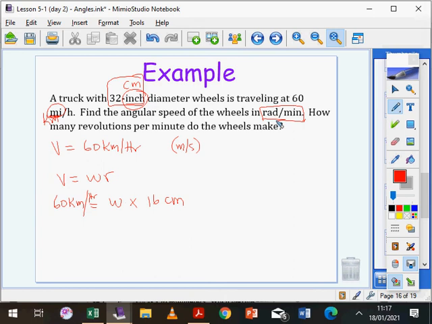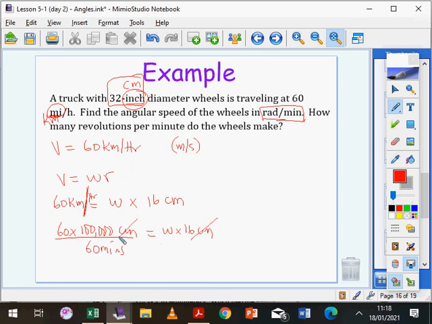So I know 60 kilometers is the same as 60 times 100,000, and that changes it to centimeters. Per hour, 1 hour has 60 minutes, so that's divided by 60 minutes, is equal to omega times 16 centimeters, right? I hope you can see that the centimeter unit cancels out.